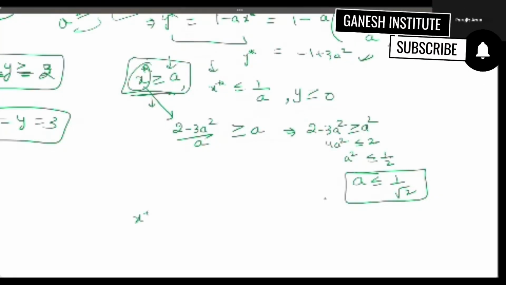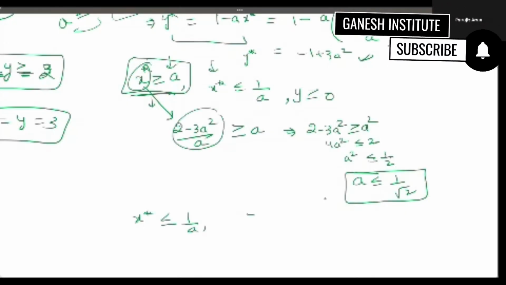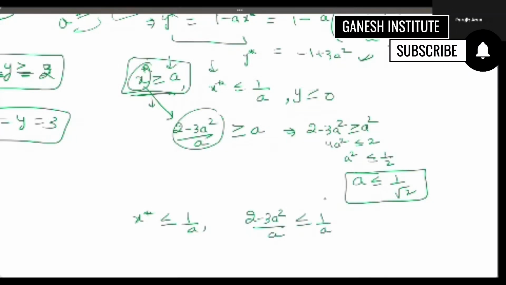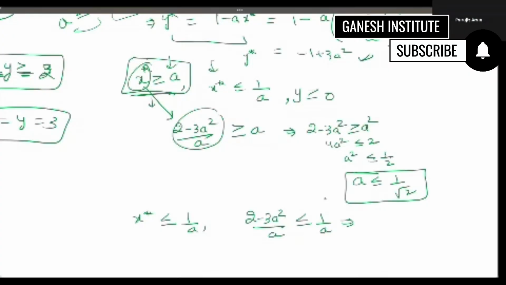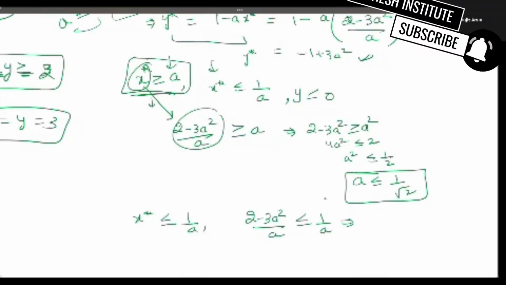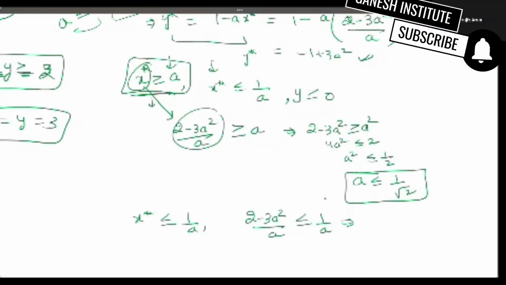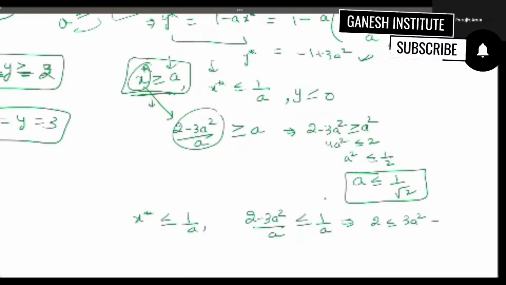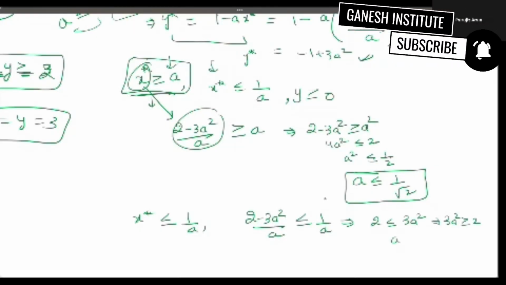Now when x is less than or equal to 1 by a, then again the value of x, right? Yeah. So, ma'am, 2 less than or equal to 3a square. So a square is 2 upon 3 less than or equal to 3 upon 2.